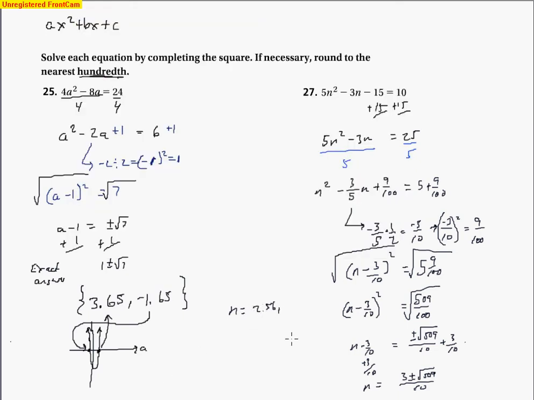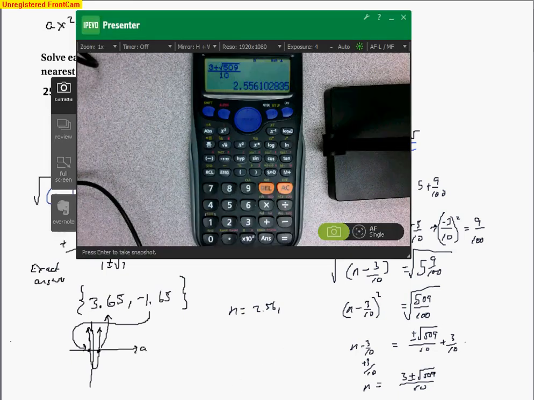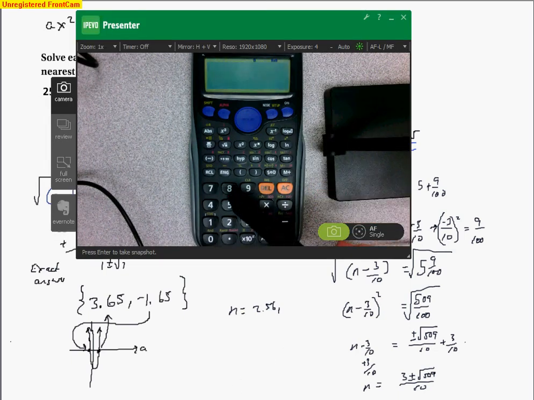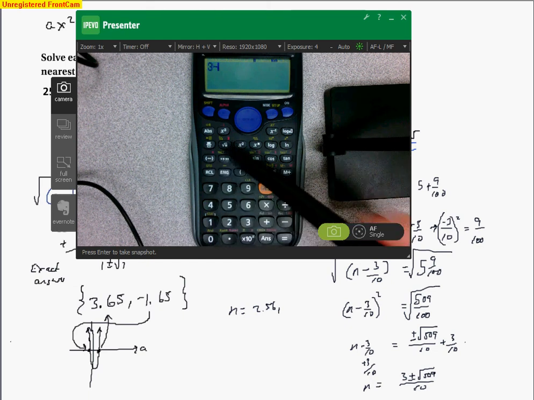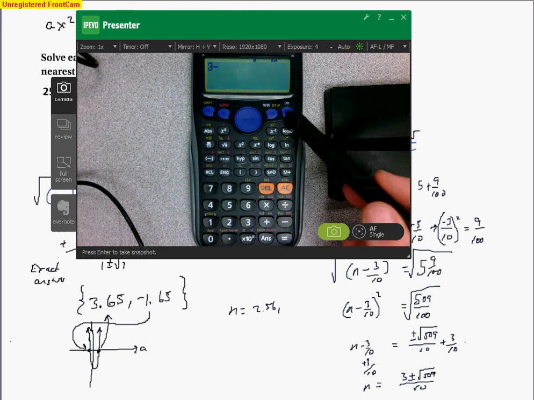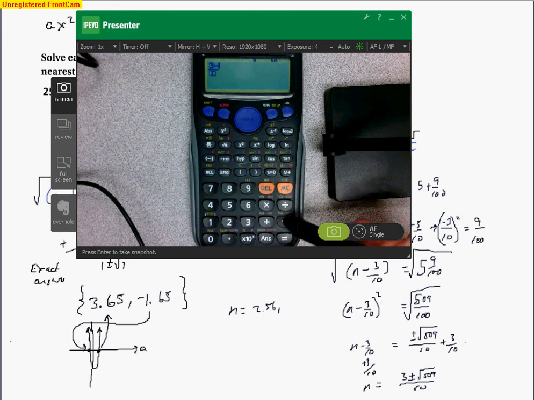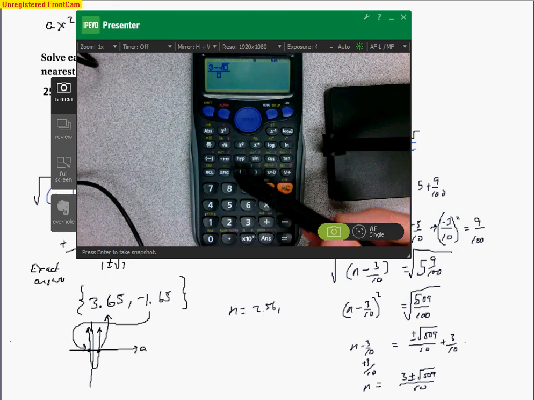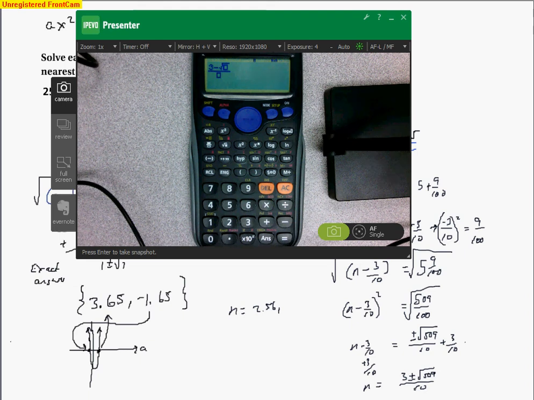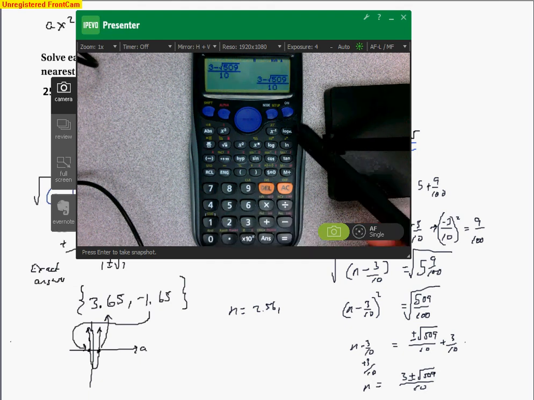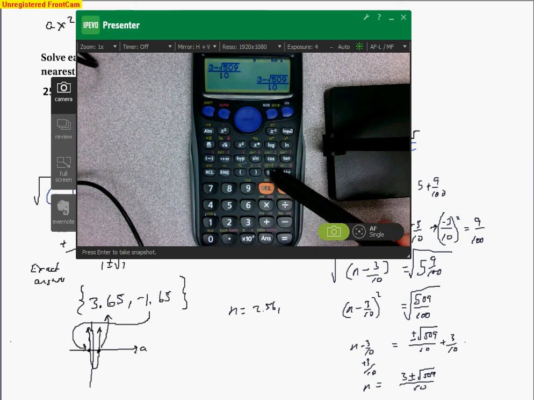And then the next one, clear that last one, and enter 3 minus, and then I need to do the fraction first. Let me clear that. So the fraction button, and then I need to do 3 minus the square root of 509, and then I toggle down and I enter a 10, and then press the equal sign, and it gives me what I just entered in the exact form, and then I press SD, and it gives me the approximate.